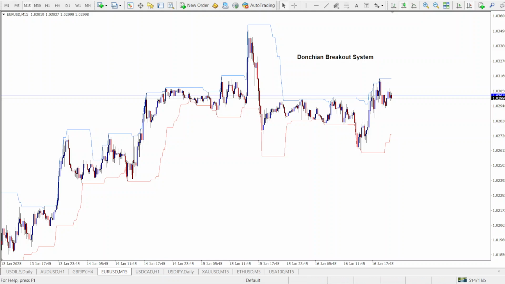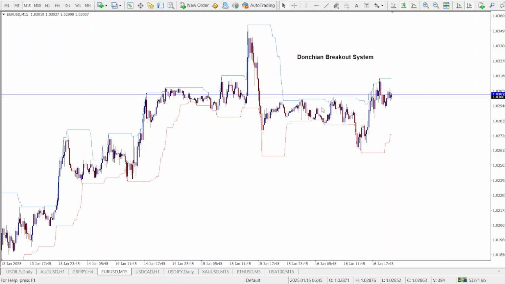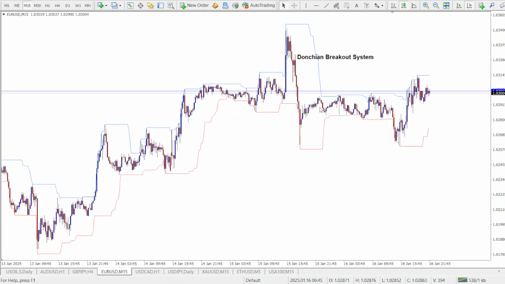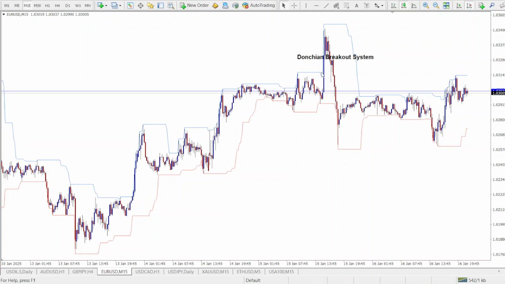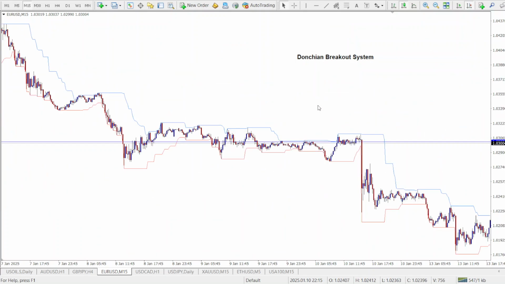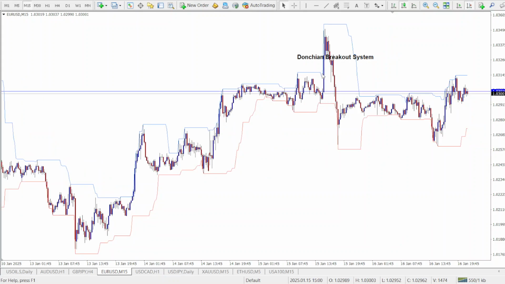Now take a look at this chart. You will notice how the price moves within the channel most of the time. When price breaks above the upper band, like this initial break that happened here, it creates a potential buy signal.